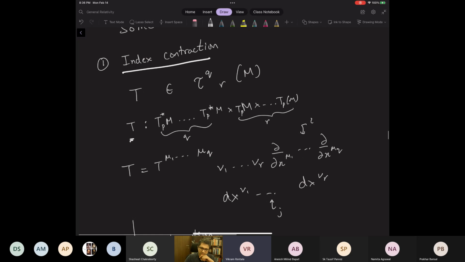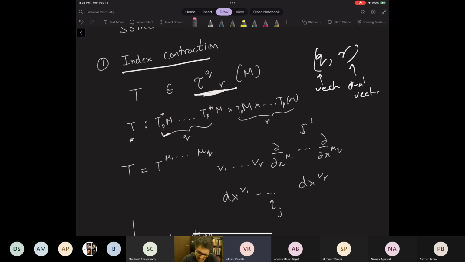So if you have a tensor which belongs to the tensor space of type (Q, R), it takes Q dual vectors as inputs and R vectors as inputs.